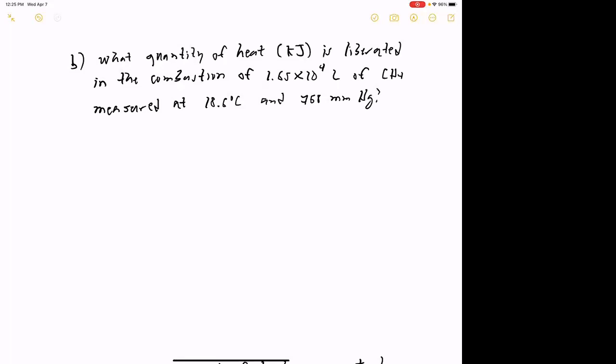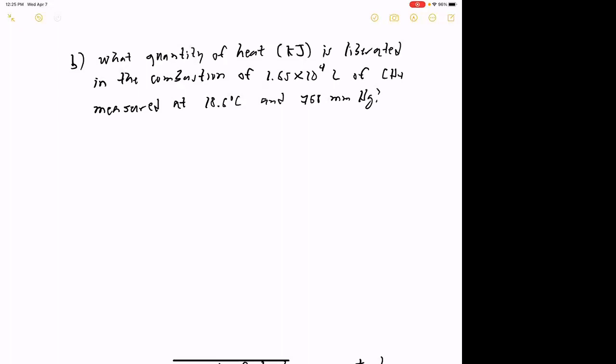I could still use my same delta H of reaction, can't I? But now I've got to get things in terms of moles. I've got a volume of the CH4 at a certain temperature and pressure, but I need to get back to moles, because to get back to a heat, I need to use the kilojoules per mole to get back to the kilojoules.